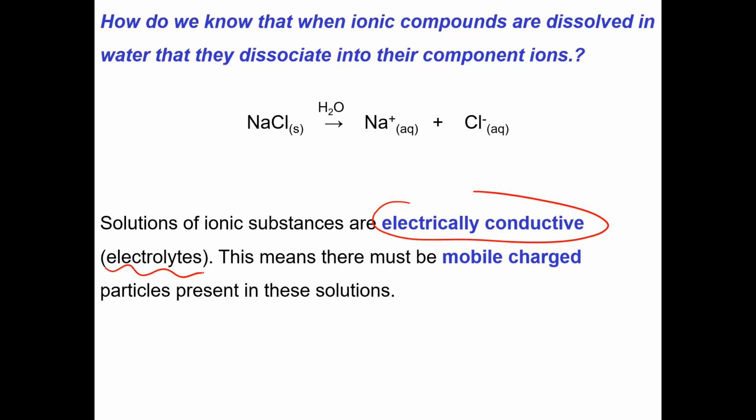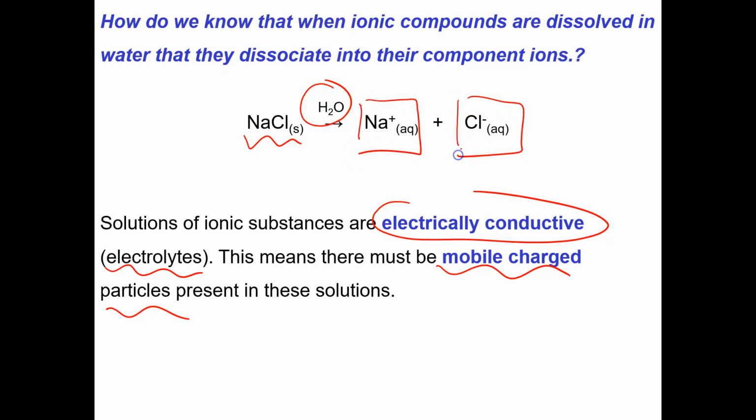And what that means is that there must be mobile charged particles present in aqueous solutions of ionic compounds. So when a solid crystalline ionic compound is dissolved in water, the product must be individual cations and individual anions that are moving around independently of each other.